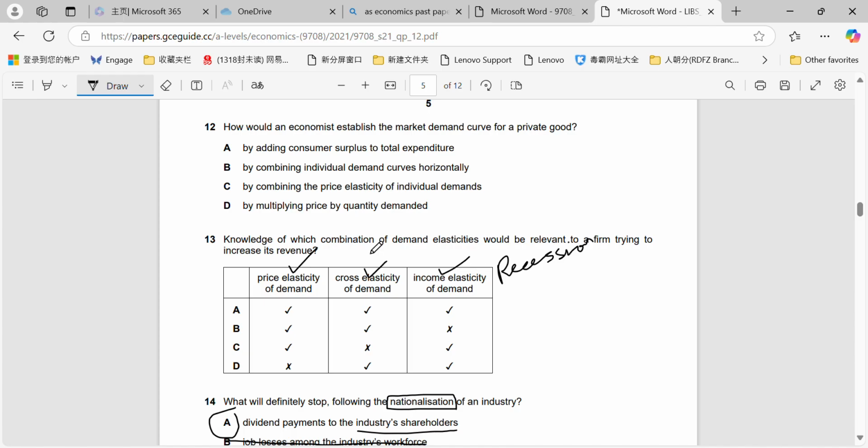XED is relevant in terms of their sensitivity to substitutes and complements and how they can implement pricing structures based on that. And PED is relevant, or possibly even the most relevant, because it will tell us how the demand will respond to a change in price, whether we are elastic or inelastic, and therefore how we can possibly increase our revenue by changing the price of our product.